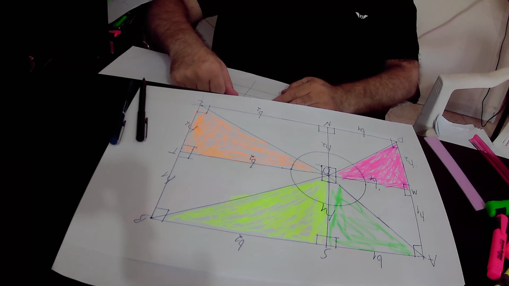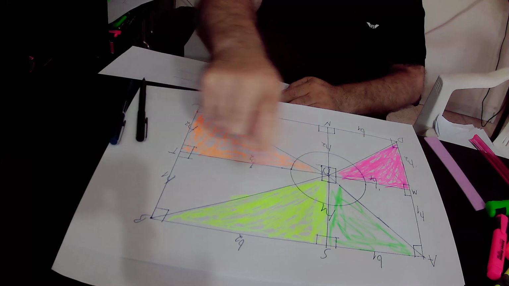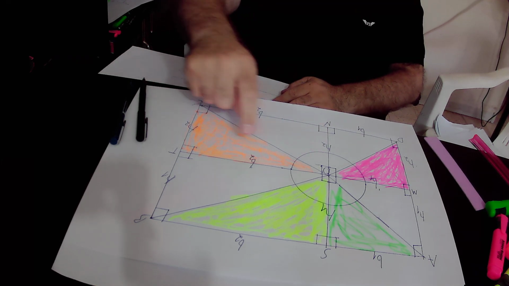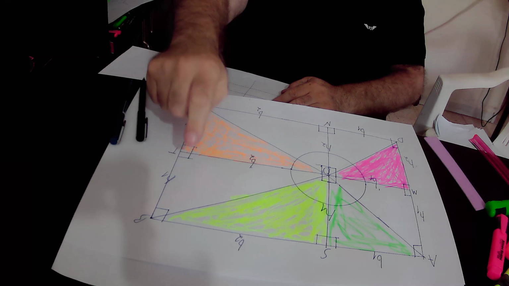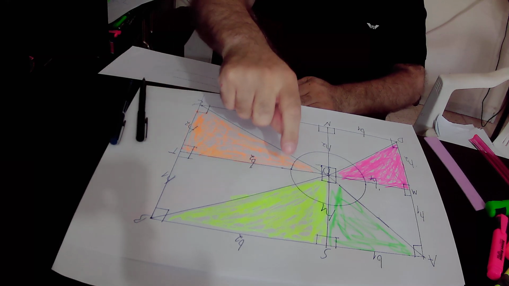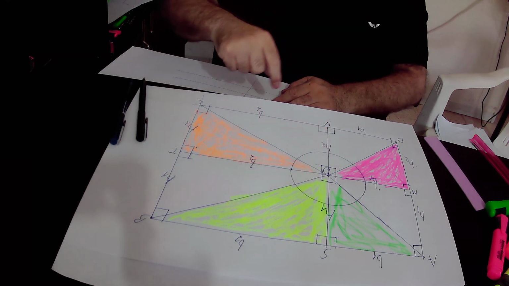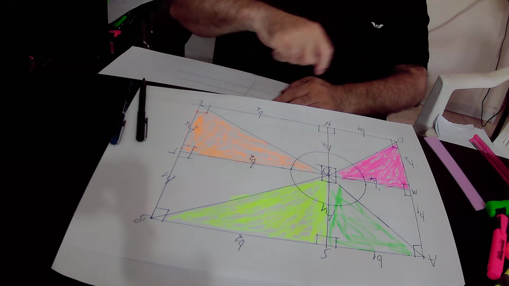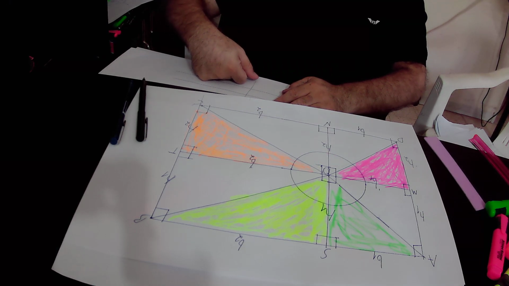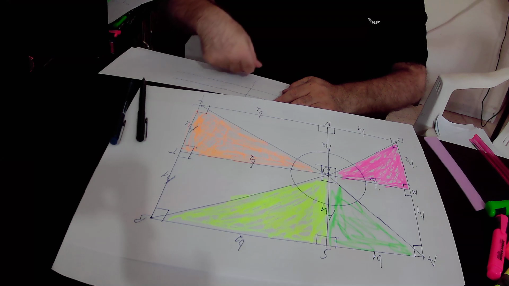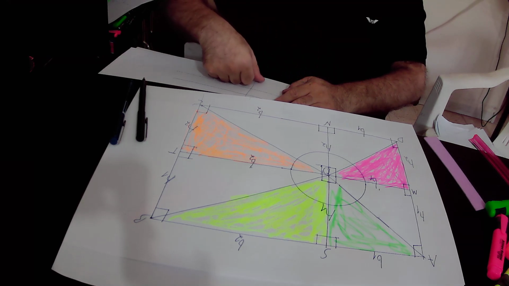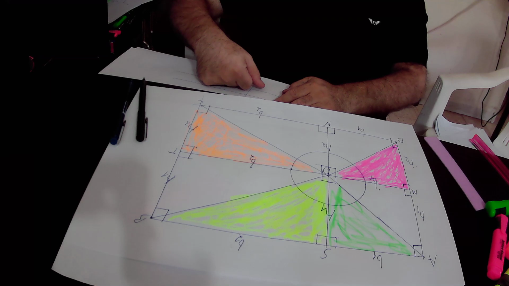So here in quadrilateral SBOT, we have 1, 2, 3 right angles. Therefore, the fourth angle must also equal 90 degrees. The same thing is true for all the three other quadrilaterals. We have 3 right angles in each quadrilateral.